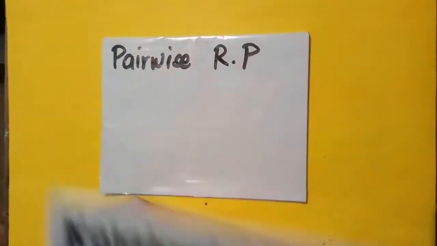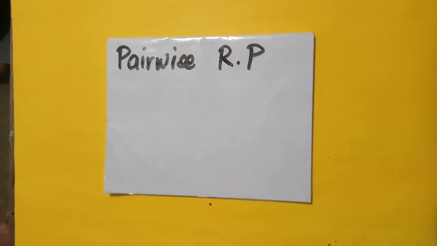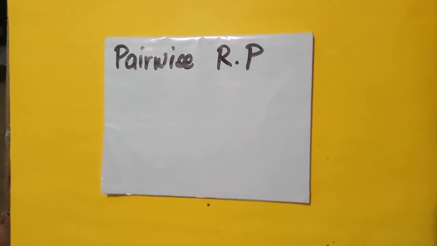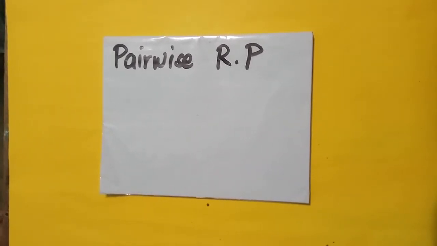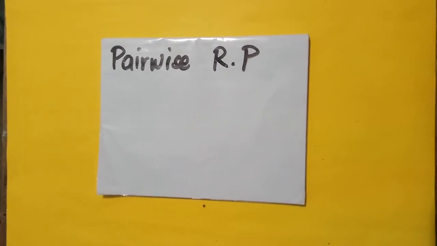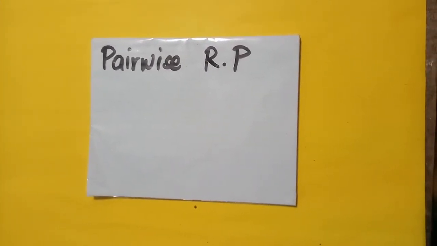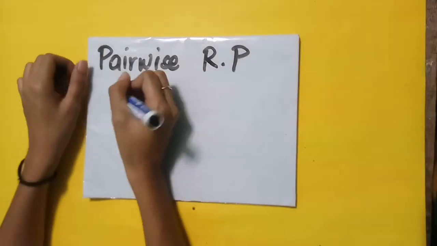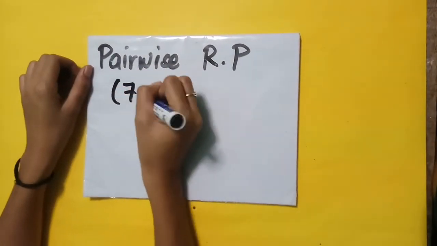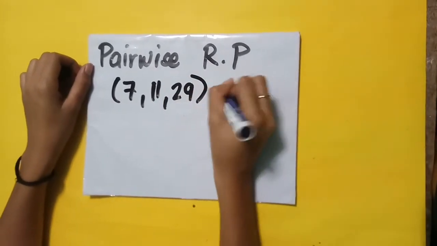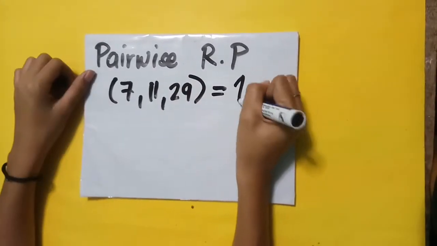Another kind is pairwise relatively prime. The integers a sub 1, a sub 2, a sub 3, up to a sub n are pairwise relatively prime if the GCD of every pair of numbers is equal to 1. For example, we have three numbers 7, 11, and 29. Their GCD is equal to 1.